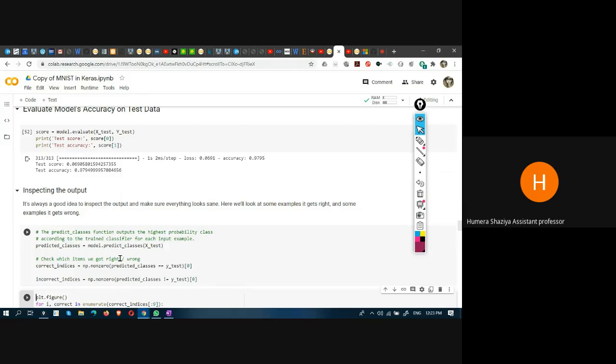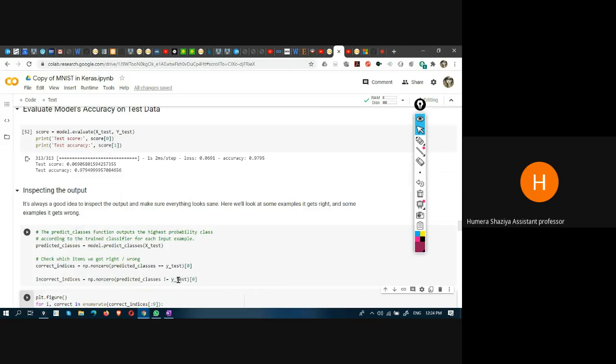Then what we are doing, we are printing predicted classes equals model.predict_classes, and checking whether the items we got are right or wrong. We have predicted classes on X test, and then we are checking whether the predicted class is equal to Y test. What is Y test?